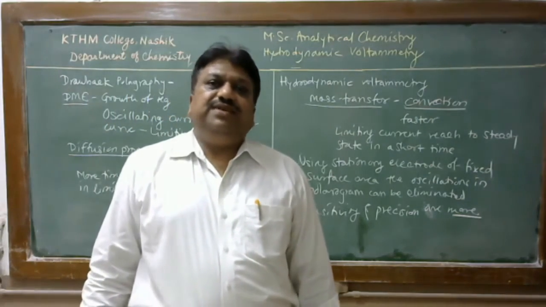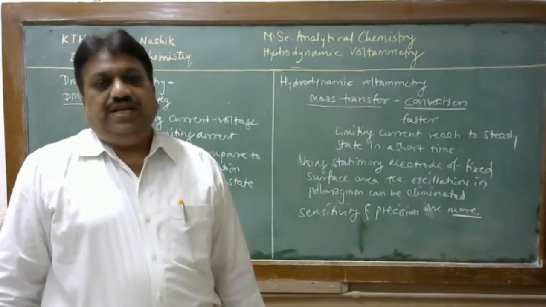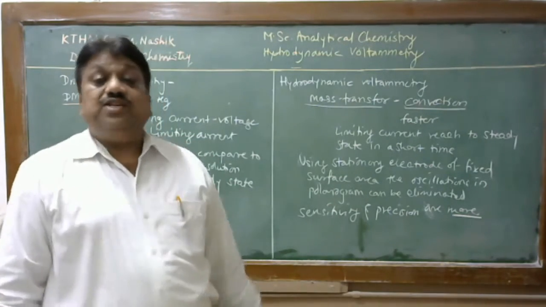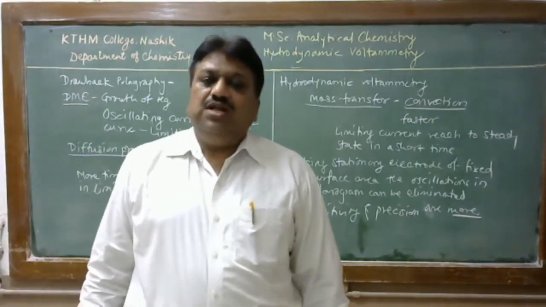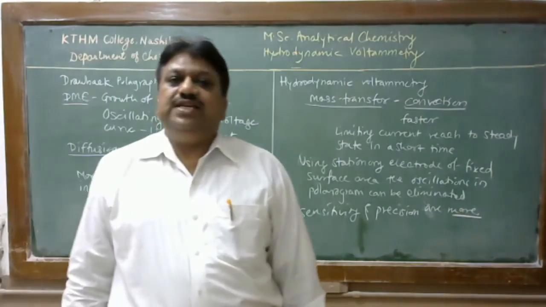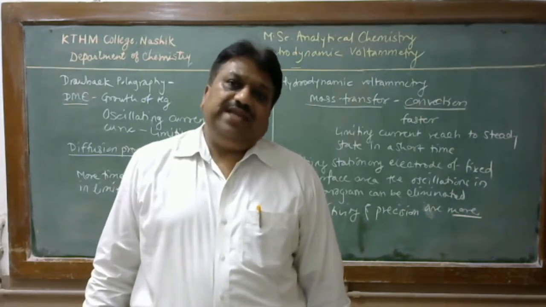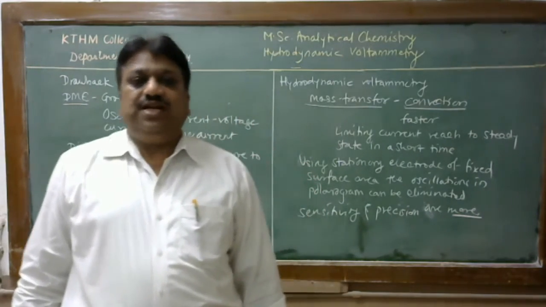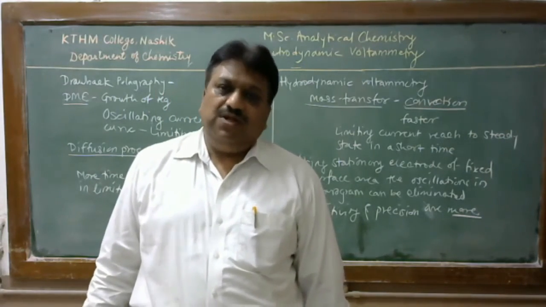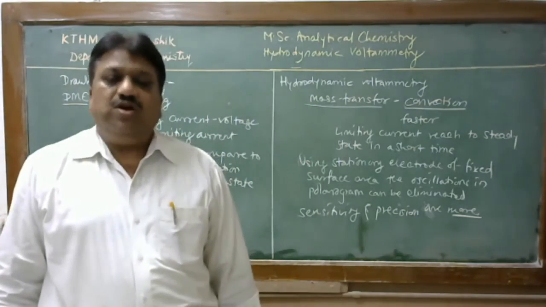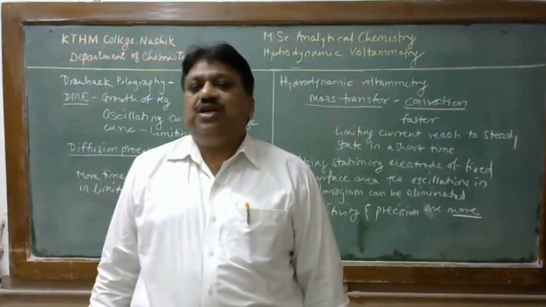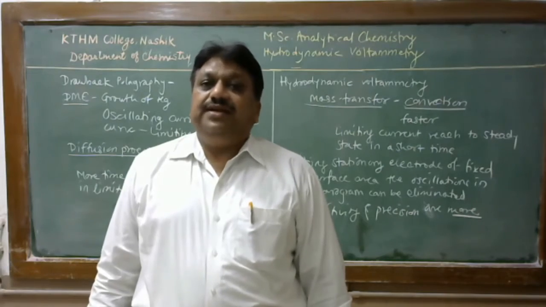Therefore, sensitivity as well as precision in case of polarography is very low compared to hydrodynamic voltammetry. In addition to this, size of mercury drop in dropping mercury electrode is continuously changing, and therefore it gives the oscillating polarogram or current voltage curve. And from this curve, it is difficult to determine the limiting current.